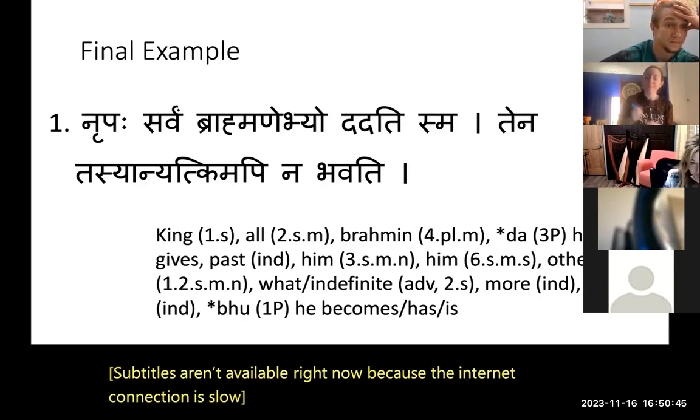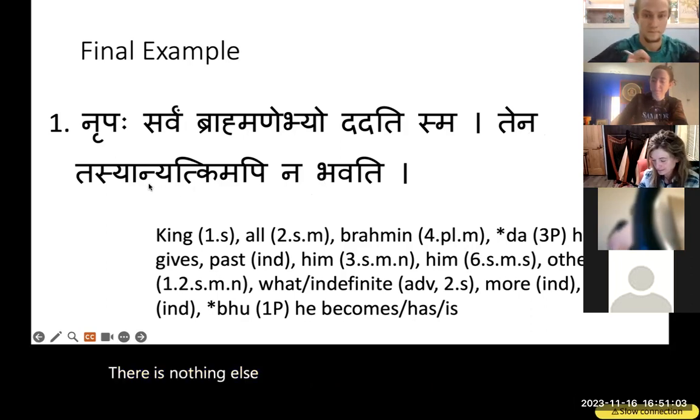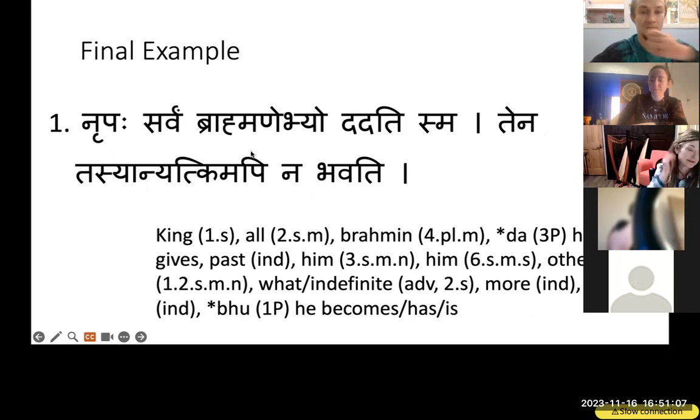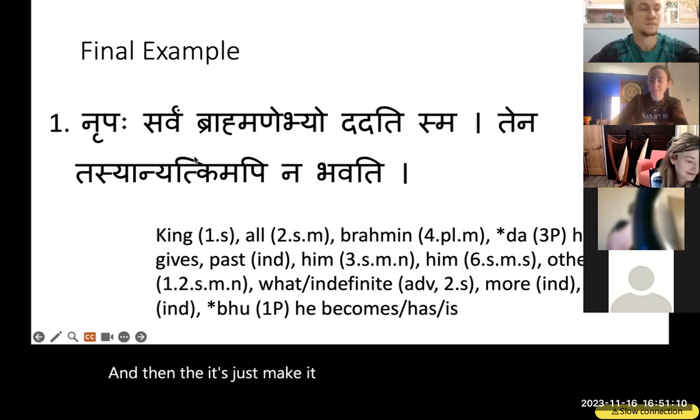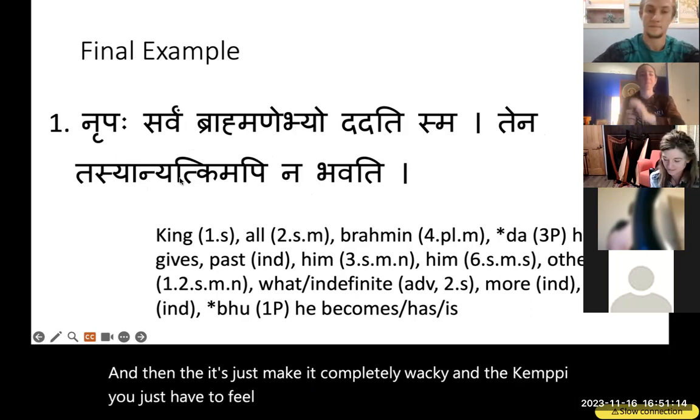It means so many different nebulous things, but when you have kimapi there, you know things are getting vague. So here, what you wanted to translate is: due to that, namely what came before, there is nothing else of his. And then the kimapi is just making it completely wacky. You just have to feel your way with kimapi because it does so many wacky things.